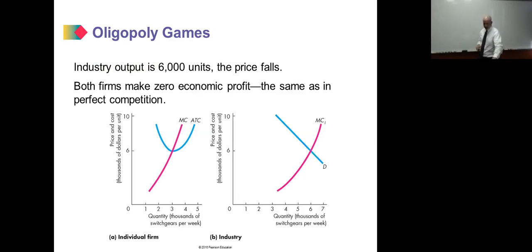Both firms make zero economic profit because this is going to create the same situation as if we were perfectly competitive. Now, both firms cheating. How could both firms make zero economic profit?